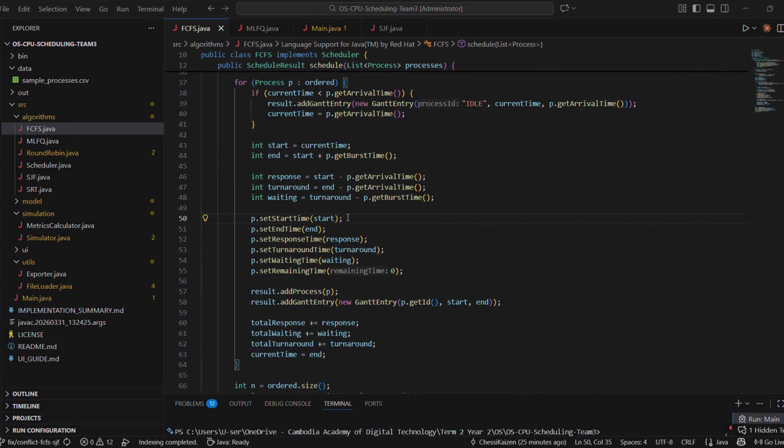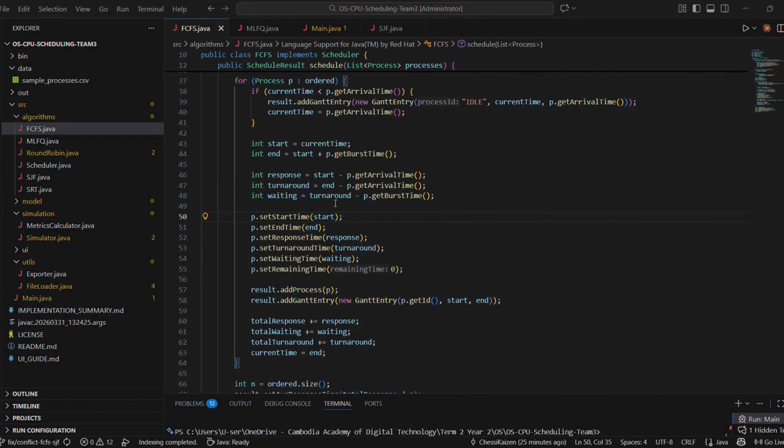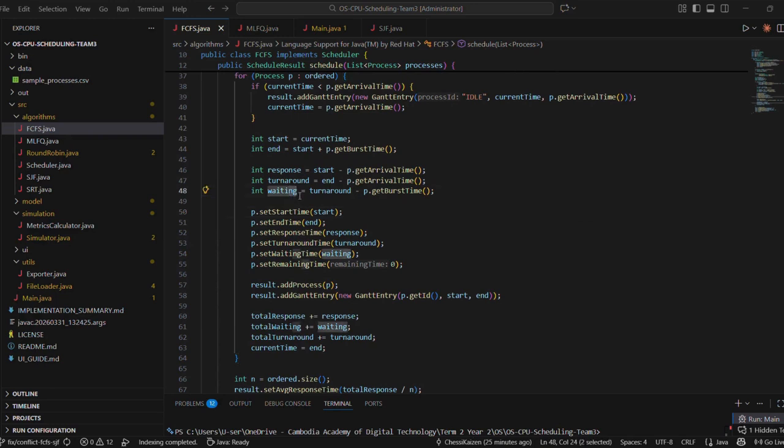Turnaround time is the whole process from start to end, including the waiting time. The waiting time is calculated from the turnaround time: we take the turnaround time minus the burst time. Since the turnaround time is the whole process including the waiting, we subtract the burst time to find the waiting time.